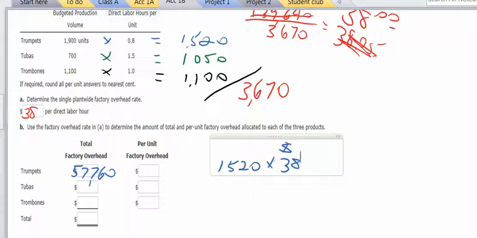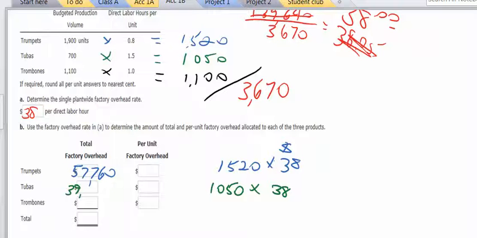We can do the same thing for tubas. Tubas, we'll take the 1,050 times $38. That equals 39,900. And for the trombones, we will take 1,100 times 38.